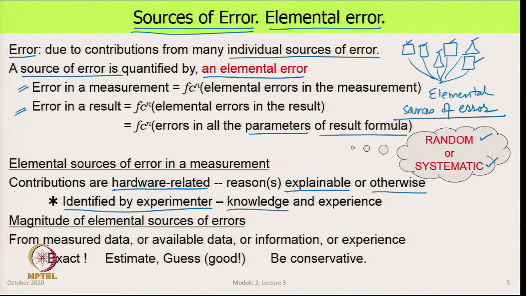These errors, you can get a classification or a listing of by knowledge of the process, knowledge of the instrument, knowledge of the physical process of the instrument or the transducer, and from experience. It is a lot of hit and trial that goes on, where things go right, things go wrong. That tells you what is happening and where the error is coming from. So, both of these are equally important.